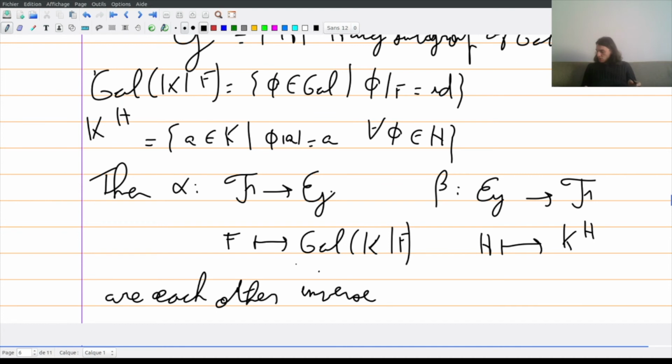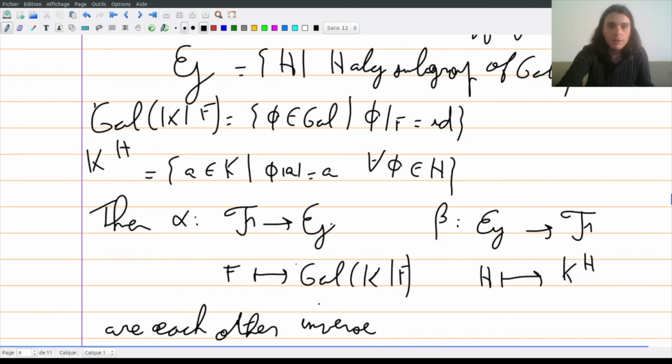So in other words, you have a correspondence between the subgroup and the subfield.